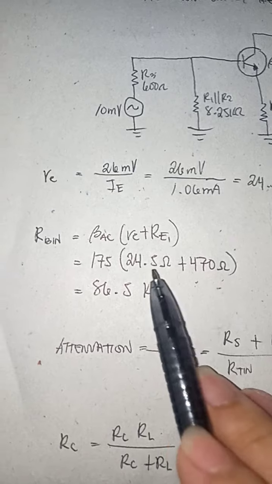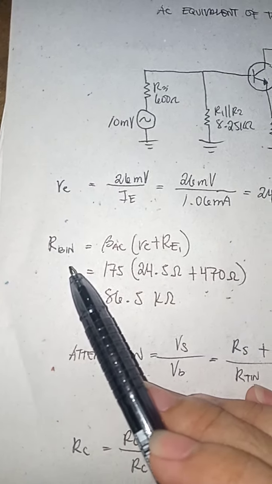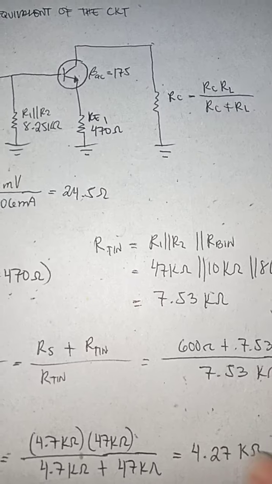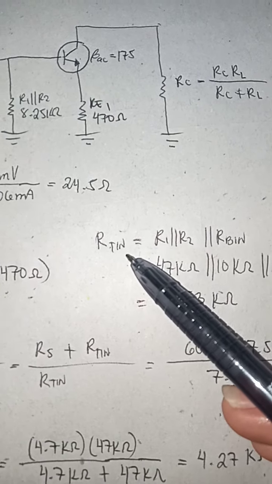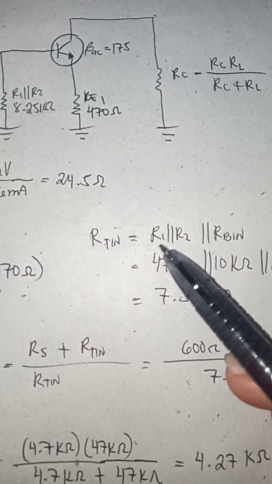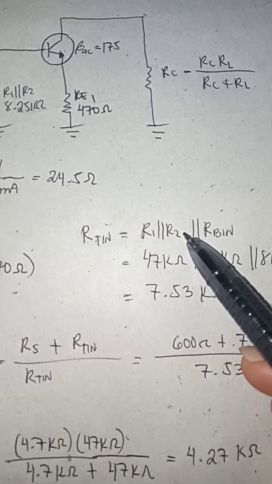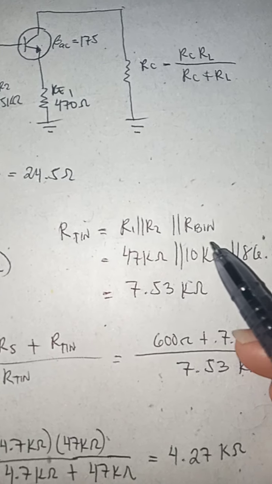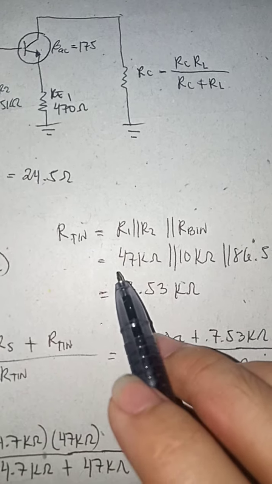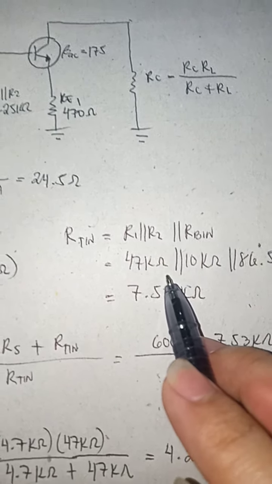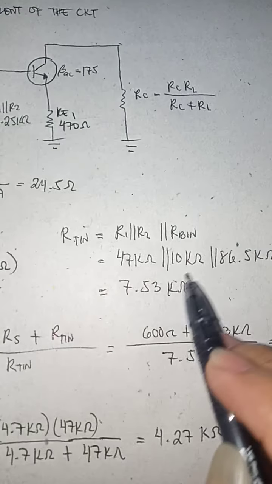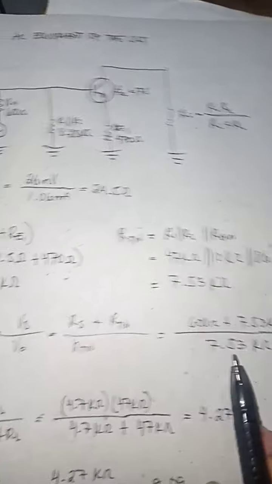Then the total input resistance is R1 parallel to R2 parallel to the base input resistance, which is 47 kilo ohms parallel to 10 kilo ohms parallel to 86.5 kilo ohms. The answer is 7.53 kilo ohms.